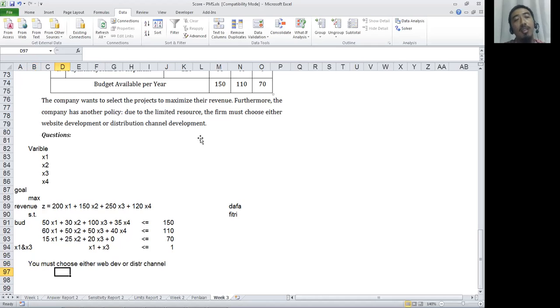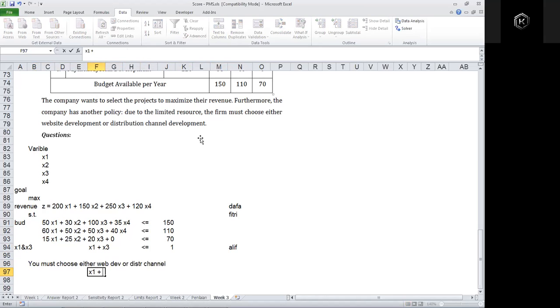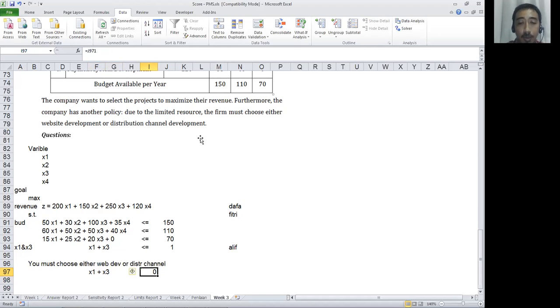What do you think the formula is? Any idea? Yes, Arif? Is it X1 plus X3 equals 1? Yes, must equal 1.